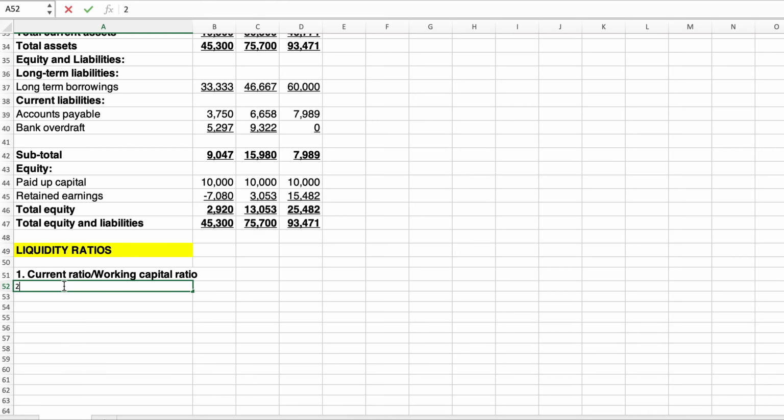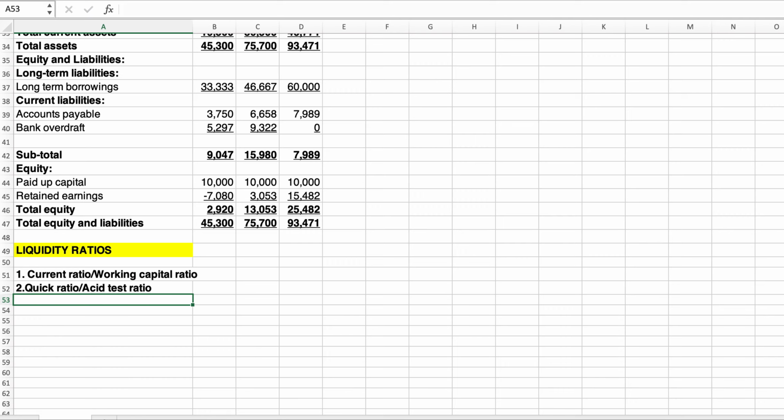We will also talk about quick ratio, which is also known as acid test ratio.